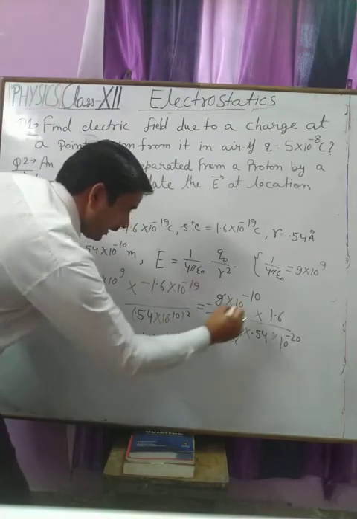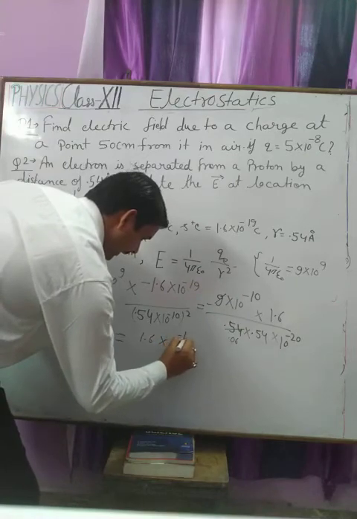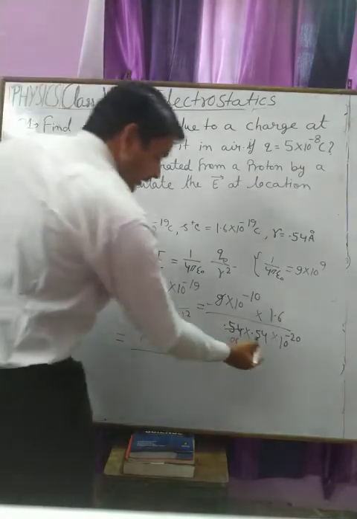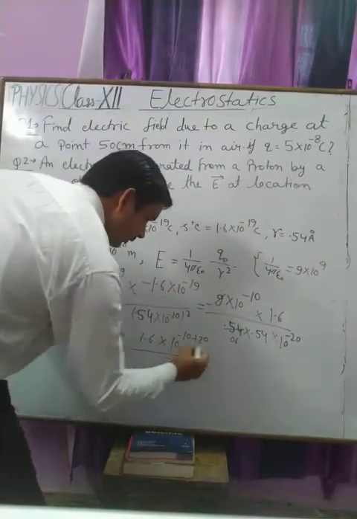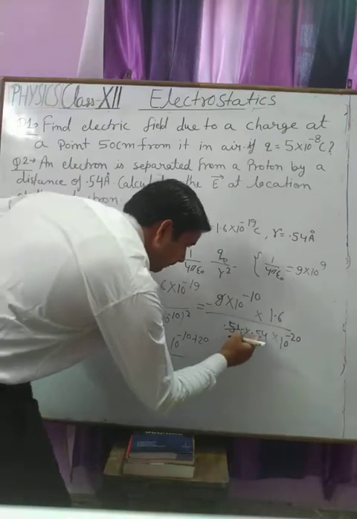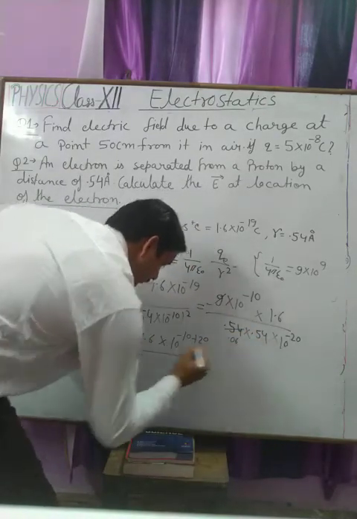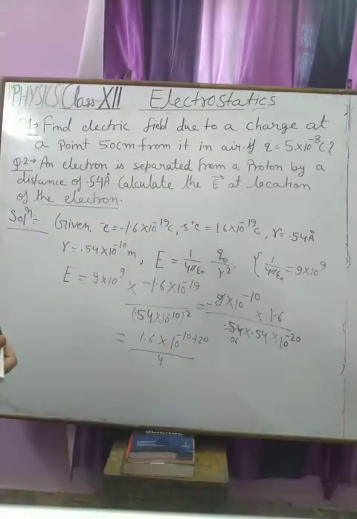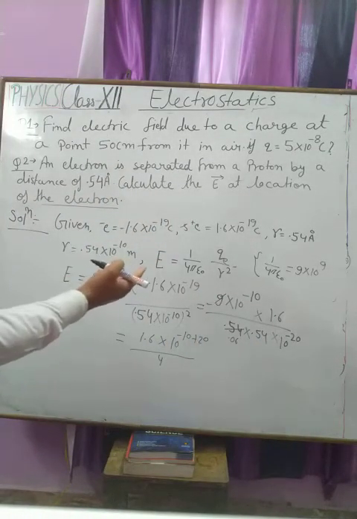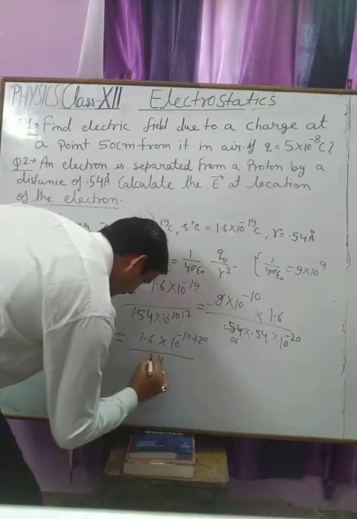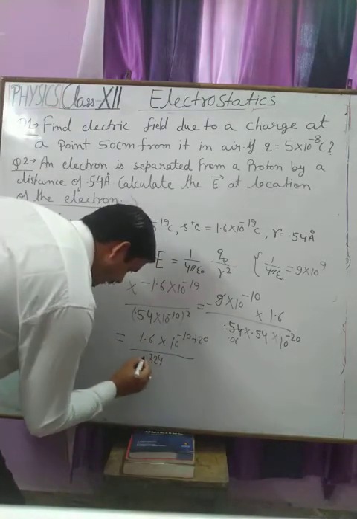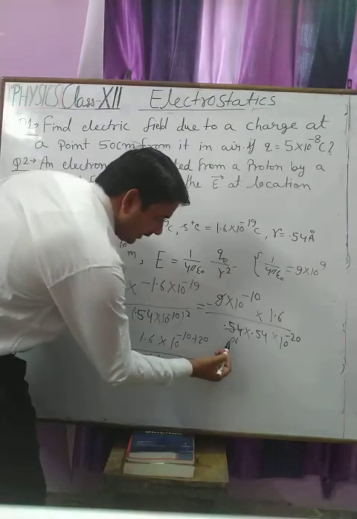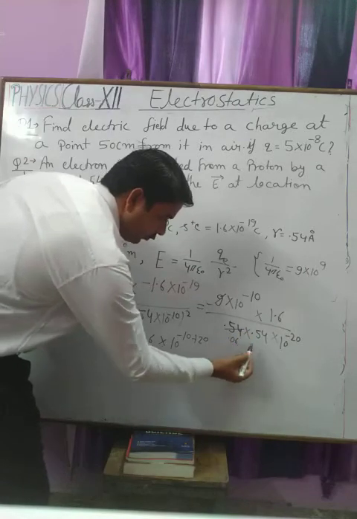So this value becomes 1.6 into 10 to the power minus 10 plus 20 upon, okay, we are multiplying thoroughly, 6 into 4 is 24, 6 into 5 is 30, and 2 is 32, and we are putting here the decimal point, because after the decimal there are 4 places, 1, 2, 3, 4.